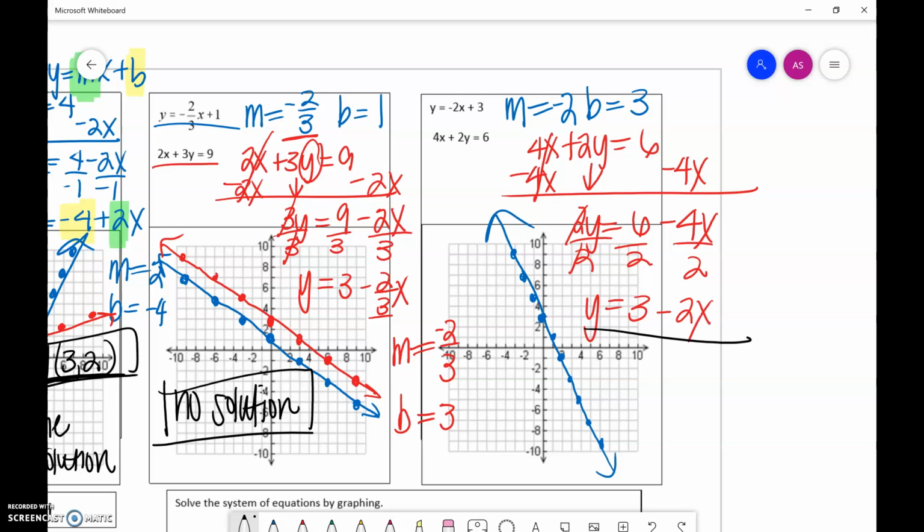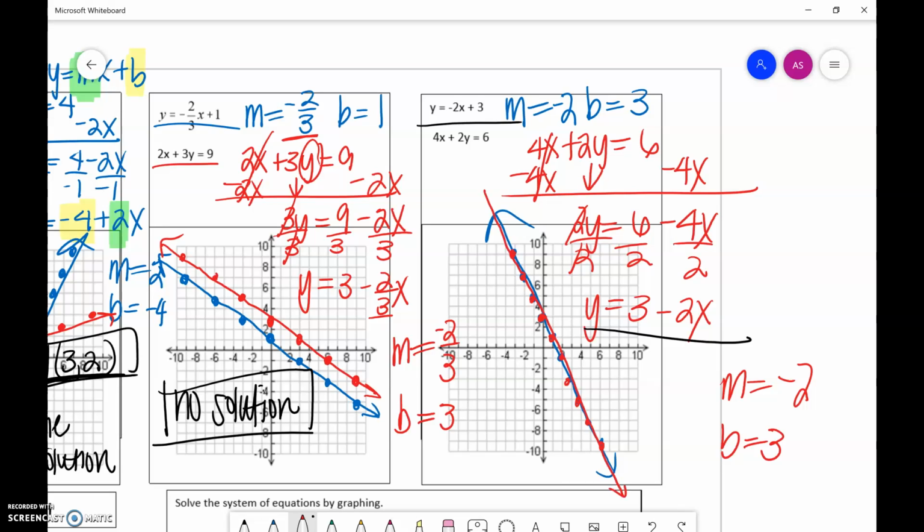Now, if you notice, these are the same exact equation. They're just switched around. So my slope is still negative 2 and my y-intercept is 3. So I still want to draw my graph and it's just going to be right on top of each other, okay? So I do want you to draw both graphs. I know some students earlier said, well, it's the same thing.